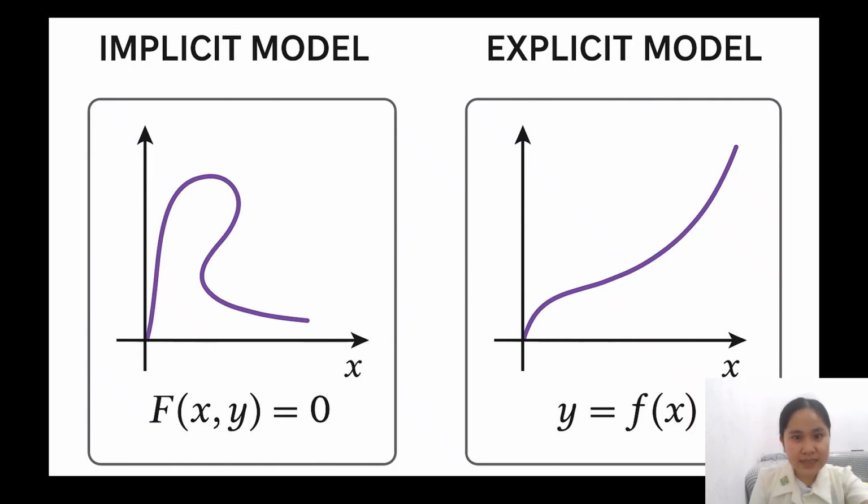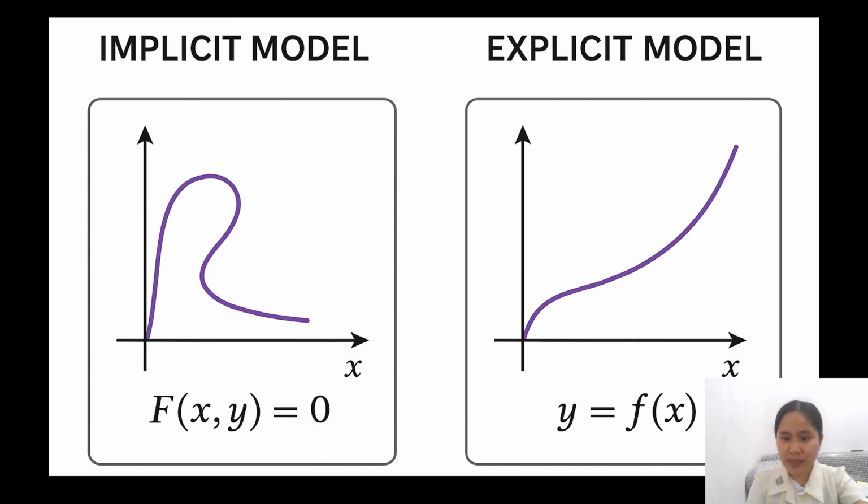Implicit means y is not isolated. The relationship between x and y is defined together and its graph can loop, turn, or break the vertical line rule. Nakikita naman natin parang nagki-curve siya na ewan, di ba?